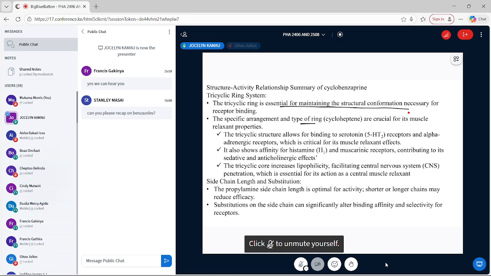Of course, anticholinergic effects will further increase muscle relaxant activity, because cholinergic effect brings about contraction, while anticholinergic effect adds relaxation. The tricyclic core increases lipophilicity, which facilitates central nervous system penetration, essential for its action as a central muscle relaxant. Side chain length and substitution: the propylamine side chain length is optimal for activity.